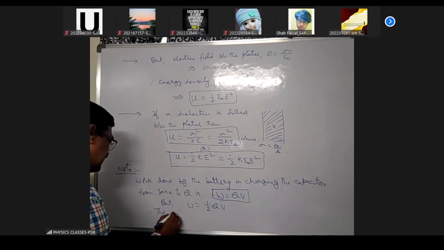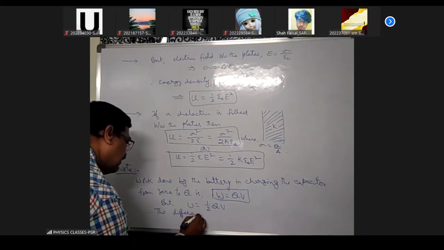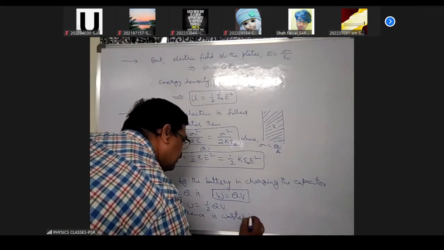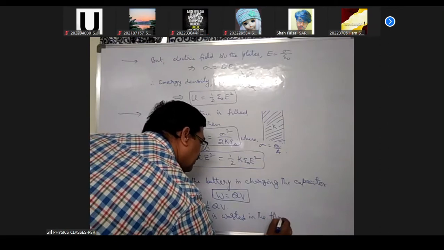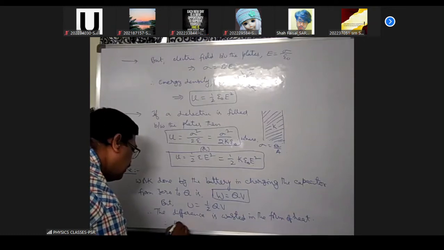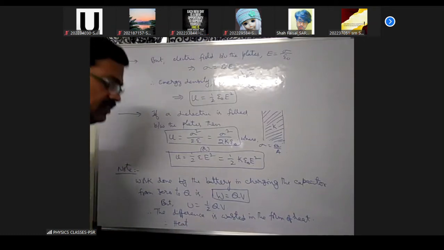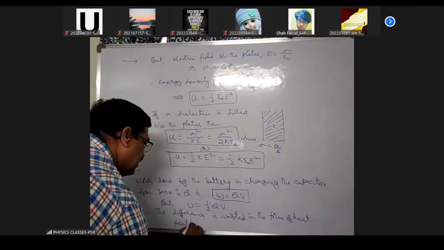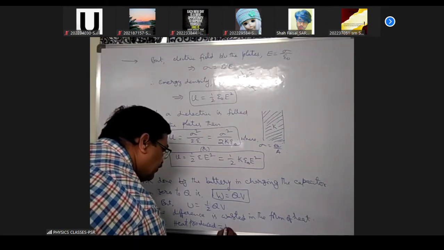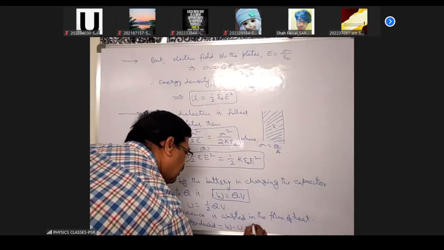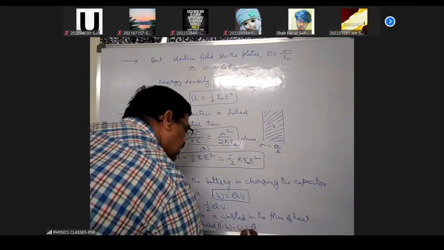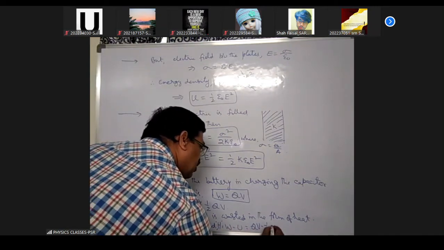Therefore, the difference is wasted in the form of heat. The heat produced in the process of charging, generally denoted by capital H, is equal to W minus U, that means QV minus half QV.